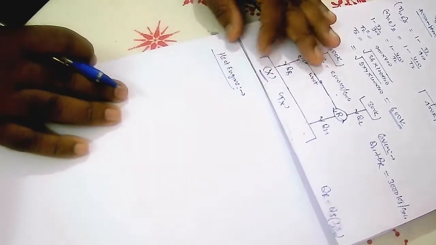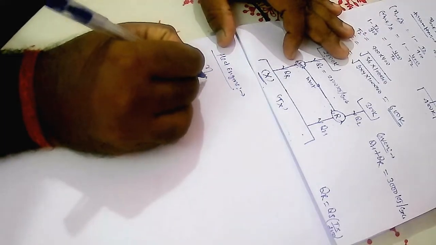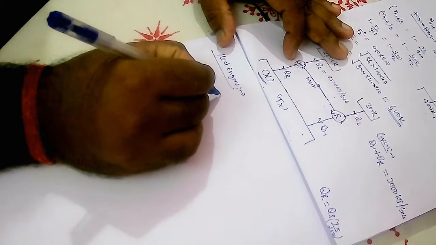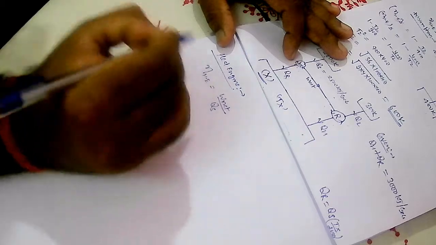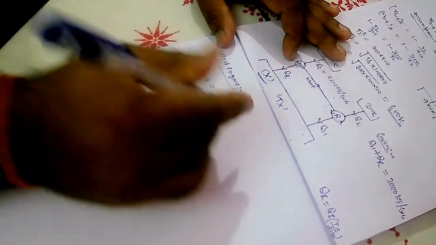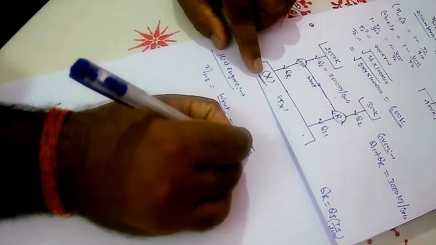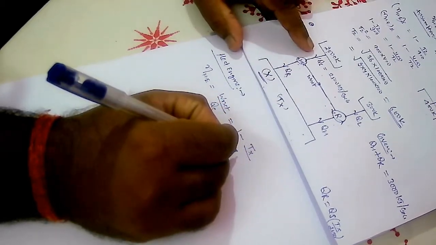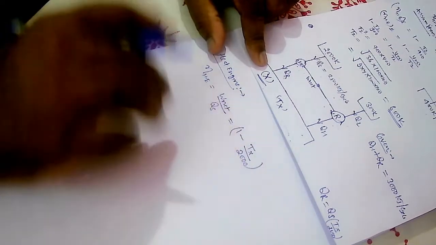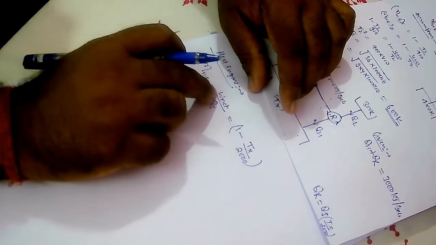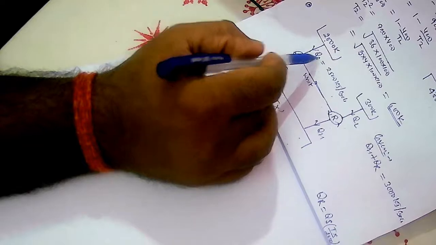So for a heat engine, we can write the equation: efficiency of the heat engine is given as W net divided by heat supplied. This is also written as 1 minus T lower, which is Tx, divided by T higher, which is 2000 Kelvin, as given. Now, this W net, the net work, is nothing but heat supplied minus heat rejected.